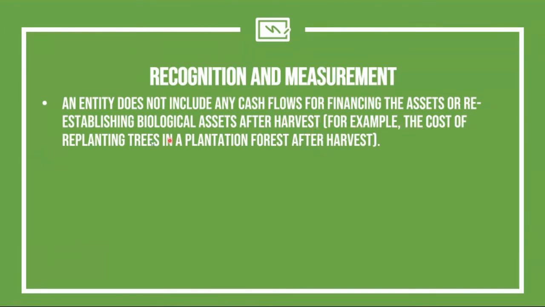Example, the cost of replanting trees in a plantation forest after harvest. Okay? So of course, when you replant, it's going to be an additional cost. But the cost of planting does not necessarily mean that it is going to be capitalizable to the next harvest or to the next biological asset.